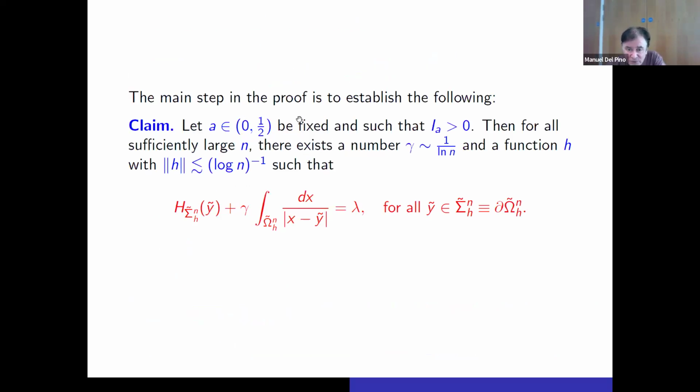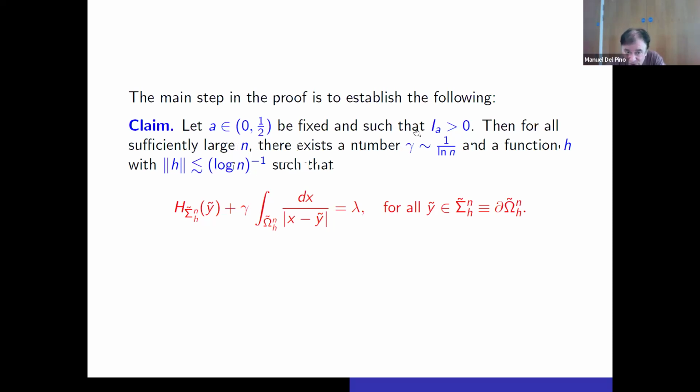The main step in the proof is to establish the following: if you fix a neck size A for which this number IA is positive, then for all sufficiently large n, there exists a number gamma, which is of order 1 over log of n, and a function h, with norm, I mean C2 norm, of order 1 over log as well.